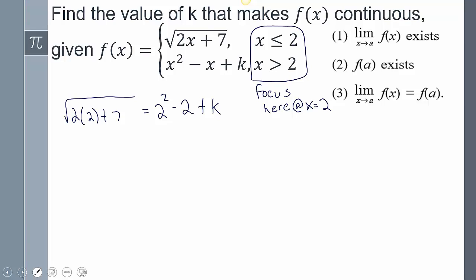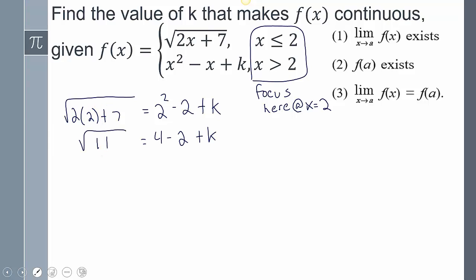That's where it could either jump or it's actually going to be connected. So I plugged in 2 for x in this function, plugged in 2 for x in this function, and we want them to be equal to each other, because if they equal each other, then we know that they're continuous. So from there, all I need to do is solve for k.